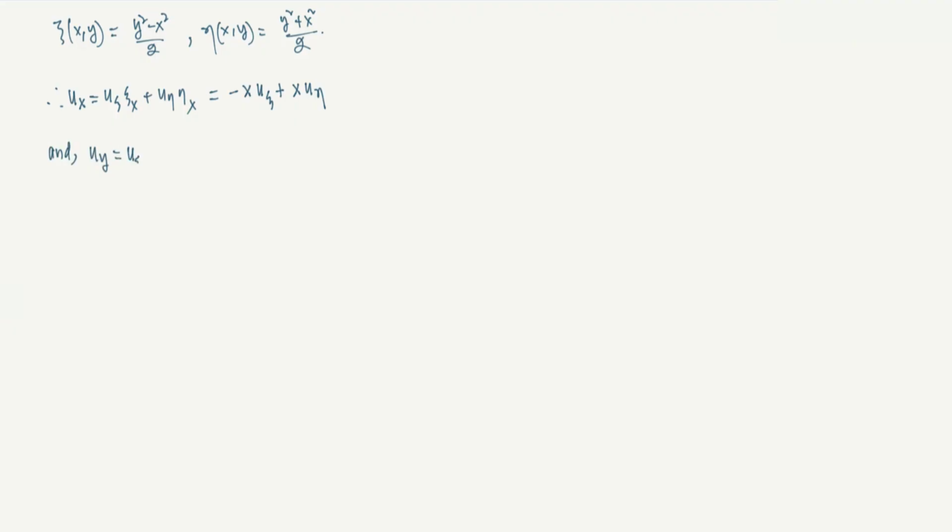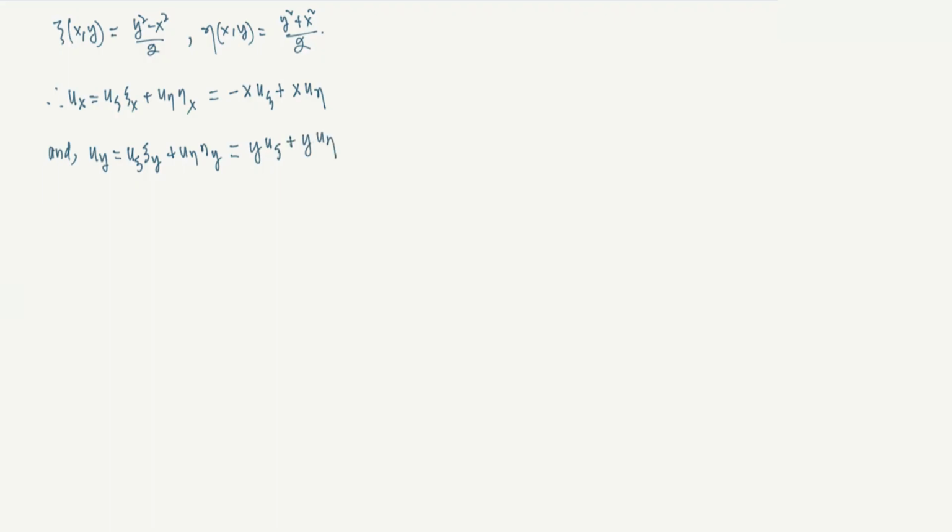It is basically u xi times xi y plus u eta times eta y, with respect to y. Now xi y is y, and eta y is basically again y. So this becomes y times u xi plus y times u eta.